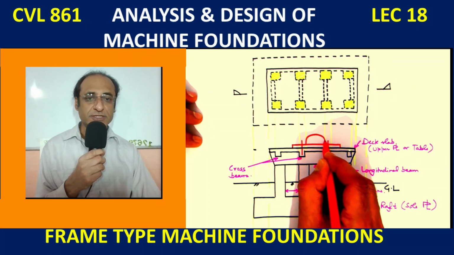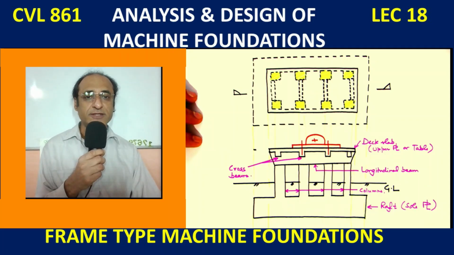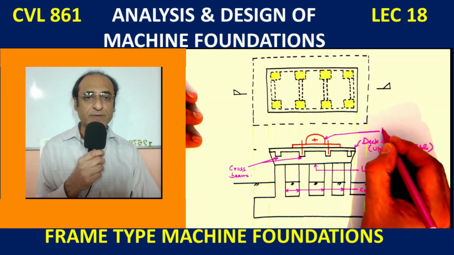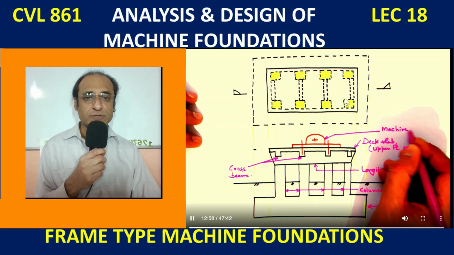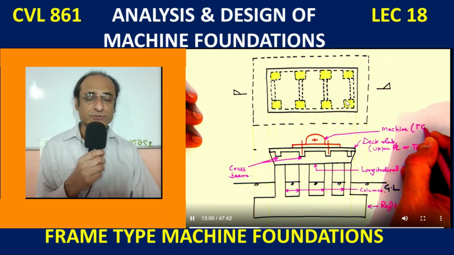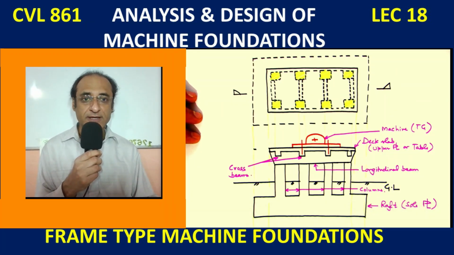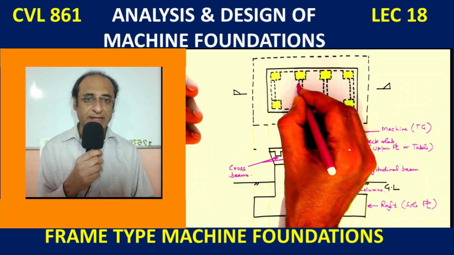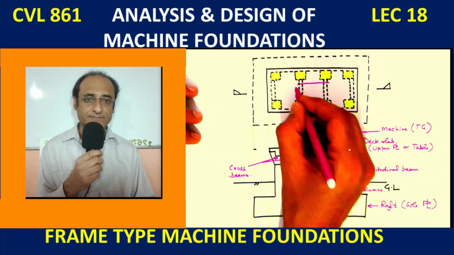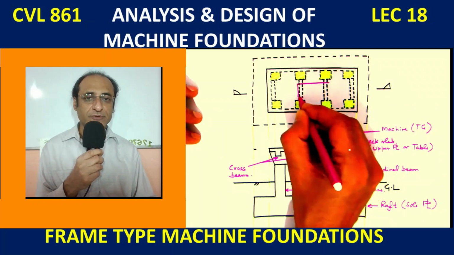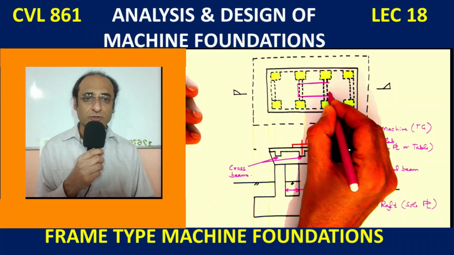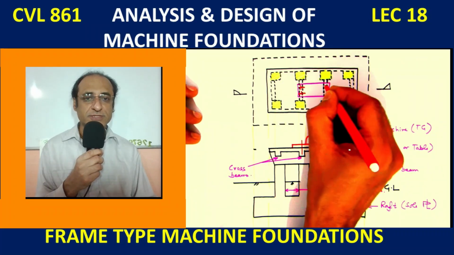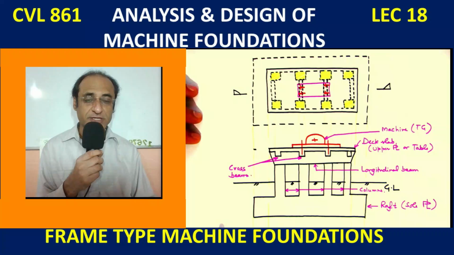Usually the machine is anchored, and these anchors must pass through the beams. So usually the cross beams' locations are chosen so that anchorage points lie on the beams. So we are drawing the location of the machine in the plan also. It's positioned such that the load is rested on the cross beams, and we are now showing here the 4 anchorage points also.